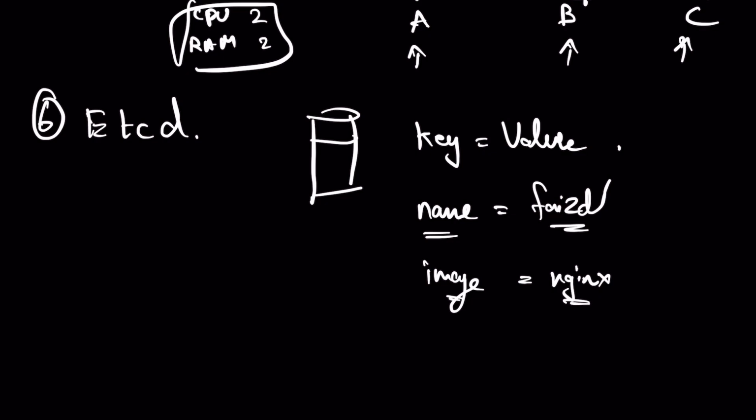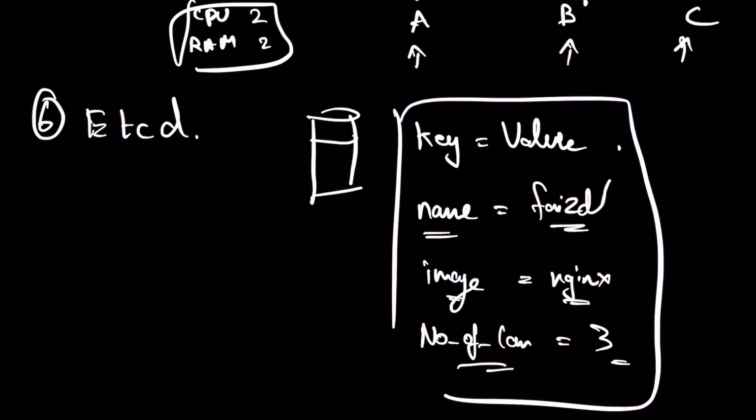Again, this is a key, this is a value. Or for example, number of containers or pods equal to 3, key and a value. So every piece of data would be stored in a key value format in the etcd database. And this is how a cluster and all the information is saved properly.